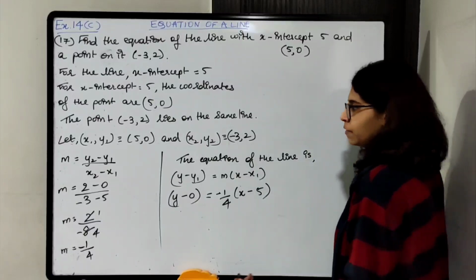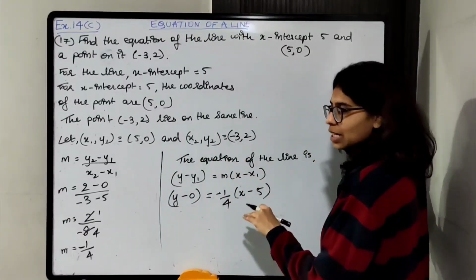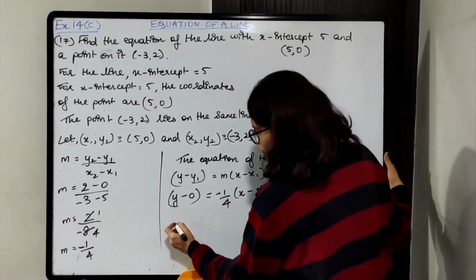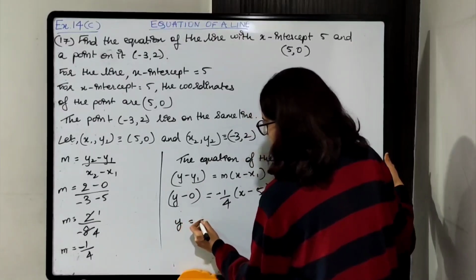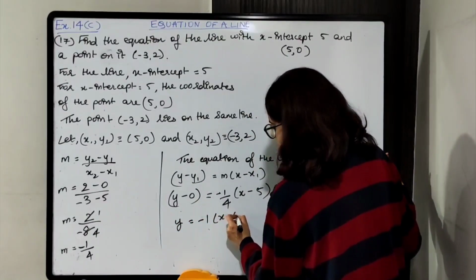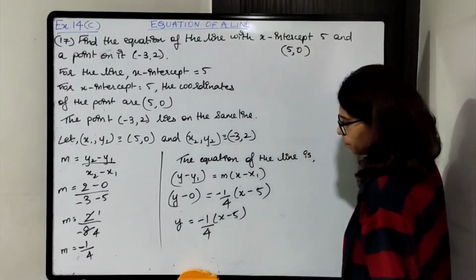Okay, so be very careful while putting the values. If you make mistake, then your equation is going wrong. y minus 0 y हो जाएगा, minus 1 into x minus 5 upon 4 है, sorry.